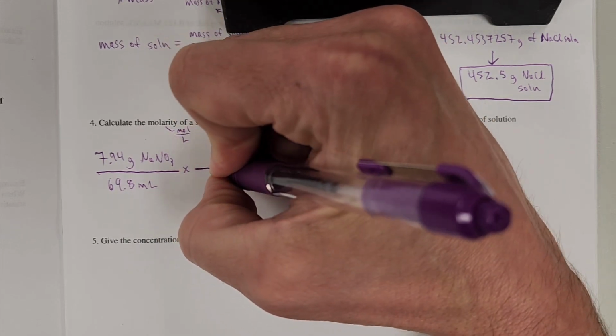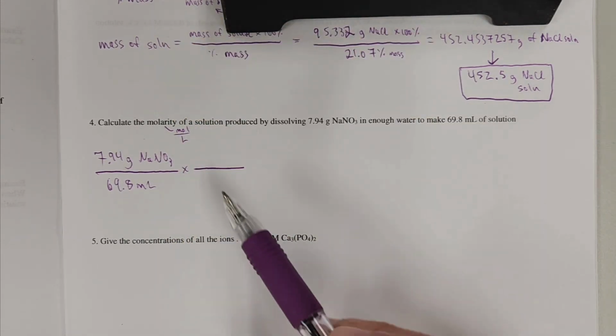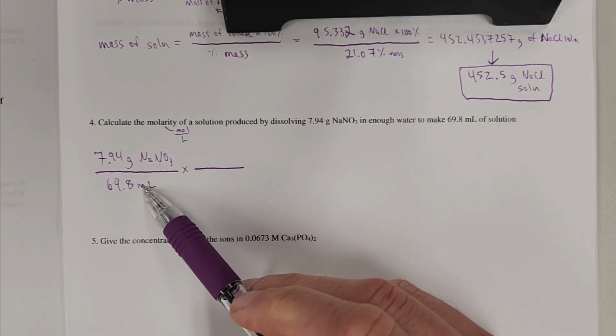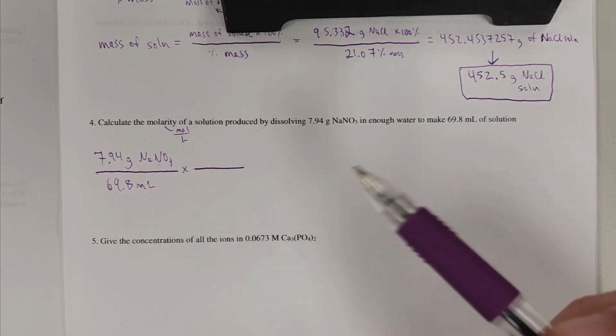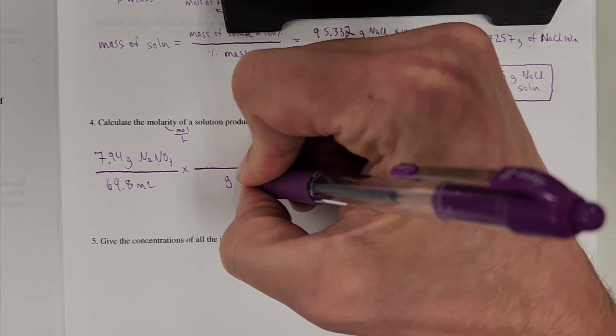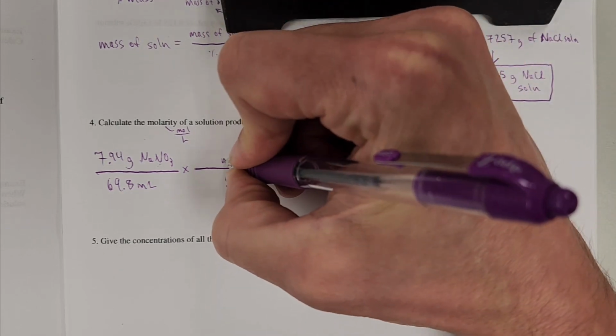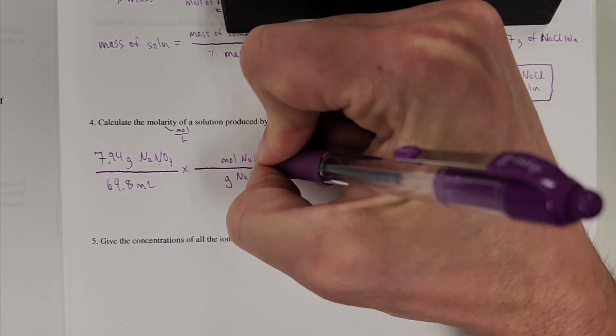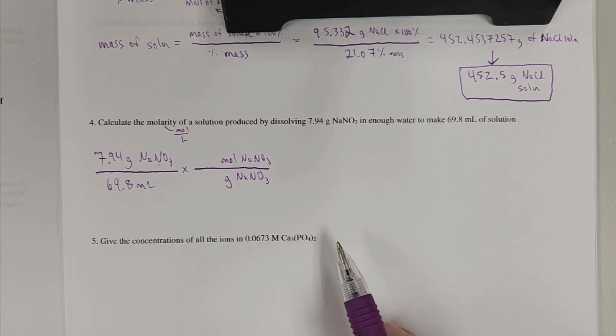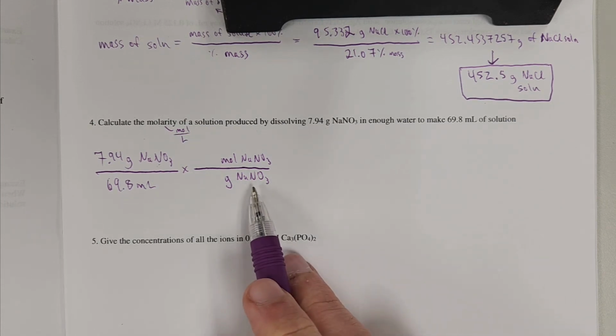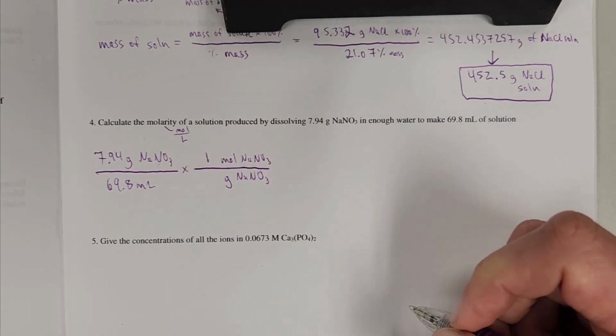I need to convert this to moles. I need to convert this to liters. Doesn't matter which one I do first, so I'll just do the mole one first. So I'm going to put grams of sodium nitrate on the bottom, and I'm going to put moles of sodium nitrate on top, which means we need to figure out the molar mass of sodium nitrate, but 1 mole will have that many grams.